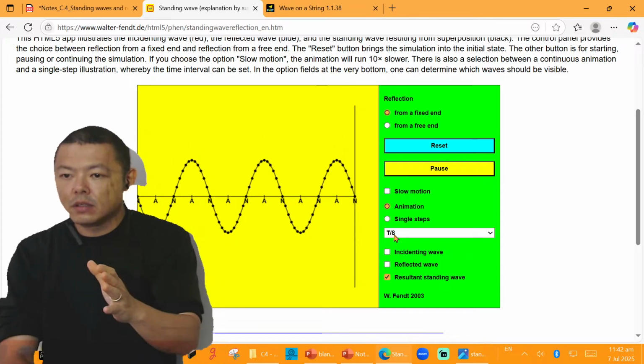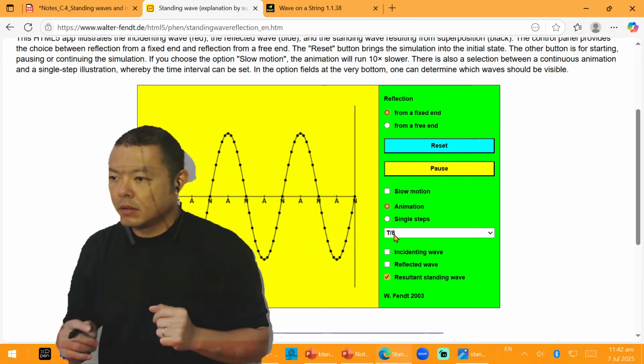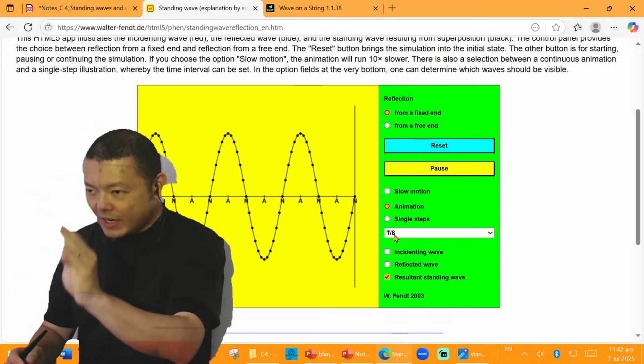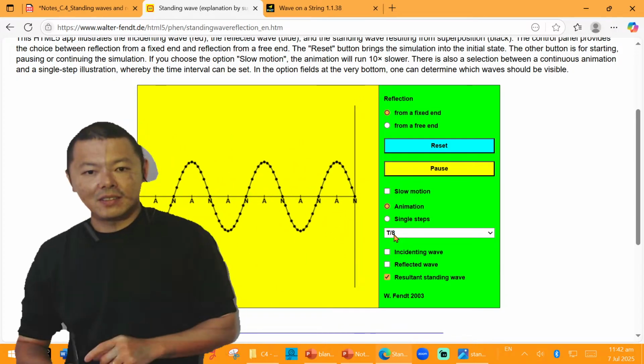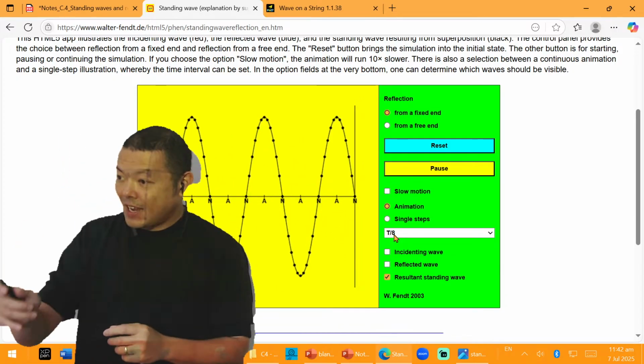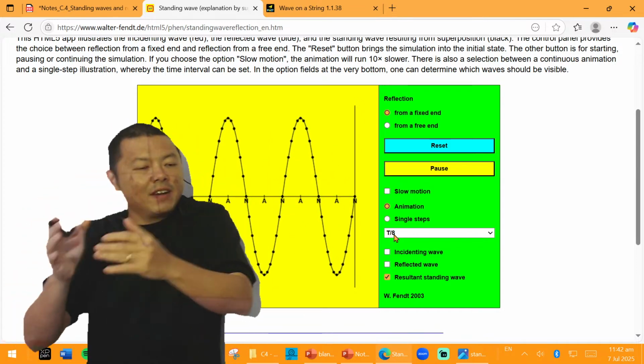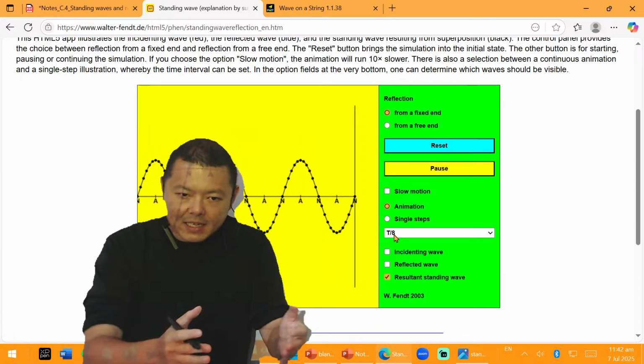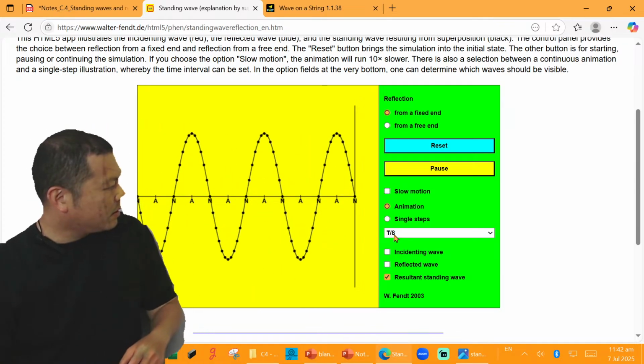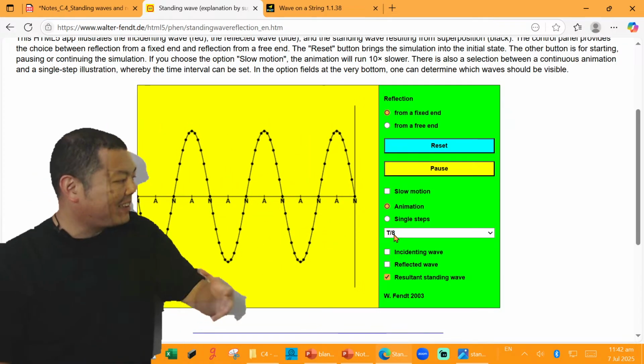They are in phase. What does being in phase mean? Backtrack a bit. What is the definition of phase? Phase is defined as stage of oscillation. So if you are in phase, it means that you have the same phase, that you are oscillating together.